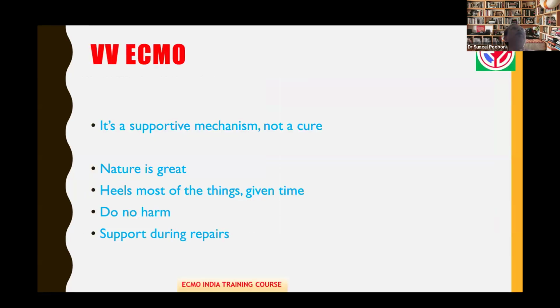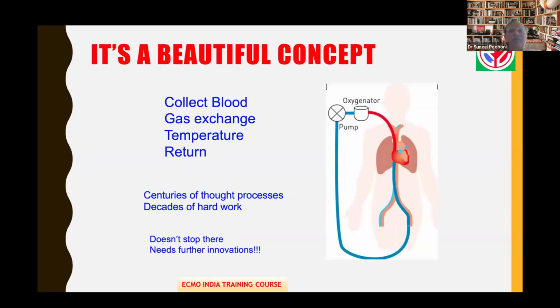So we know venous ECMO is a supportive mechanism, it is not a cure. We know nature is great and it heals most things given time. Our principle is do no harm and support during the repair process. The underlying principle is simple.